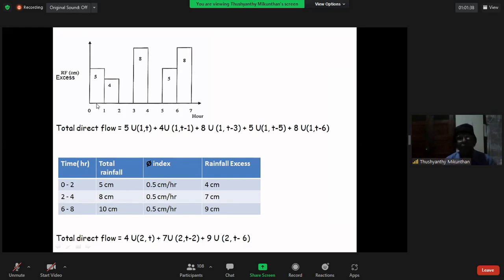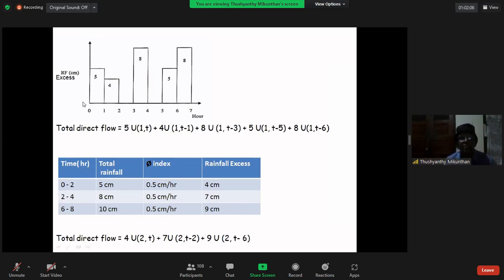What is the duration here? 1. Second rainfall, 1. Third, 1. Fourth, 1. Fifth, 1. Please be very, very careful, as we may mix 2 hour, 1 hour, 3 hours. This is just an example, and I gave you the 1 hour duration.